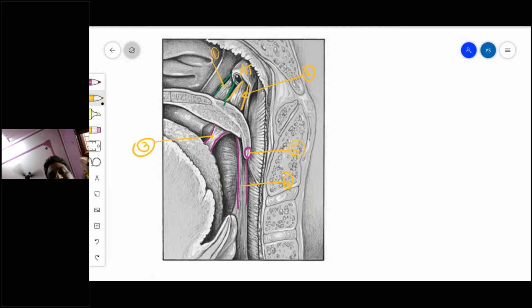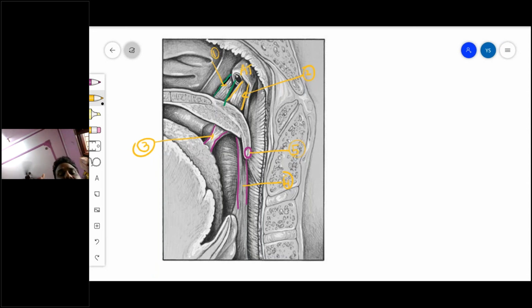Now we come to number 4, from the soft palate to the pharynx. What is that muscle? Palatopharyngeus, present deep to the palatopharyngeal arch.